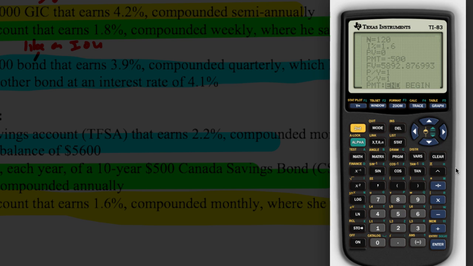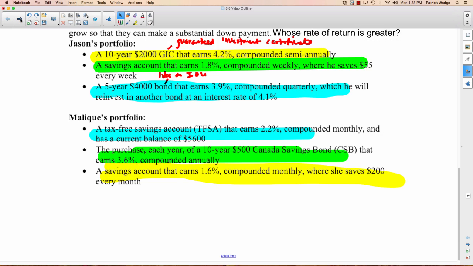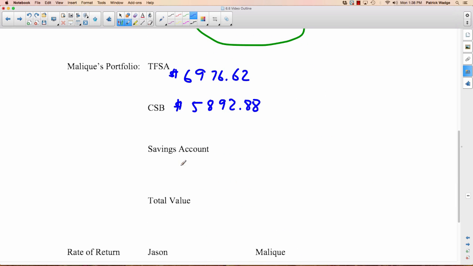She's starting off with no money, and she's putting in every single month $200. It's compounded monthly, so payments per year is 12, and same with compounding per year. Go back up here and put alpha, enter, and we get $26,007.87 for our final number.